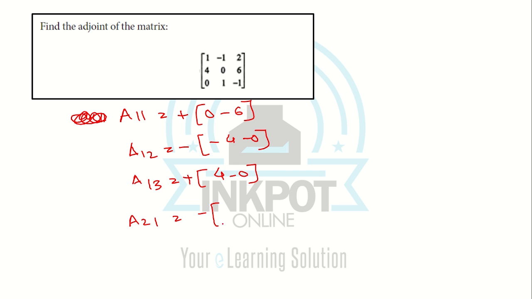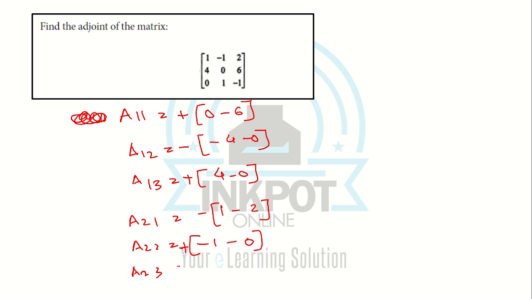A21 would be equal to negative of, so the second row and the first column, 1 minus 2. And A22 would be equivalent to the second row and second column, so you would have minus 1 into minus 1 minus 0, and obviously this is positive here.